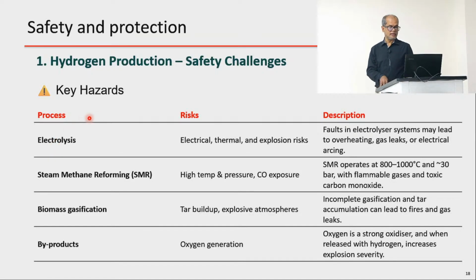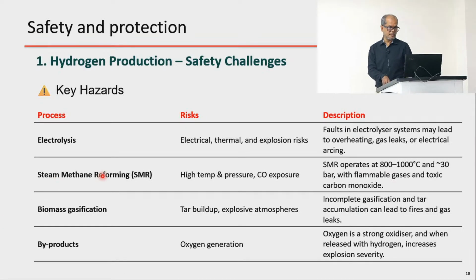If it is electrolysis, the risk could be electrical, because we use electricity coming from different electrical sources, and also thermal and explosion risk, and this can happen from a fault, overheating, gas leaks, or even an electrical arc.